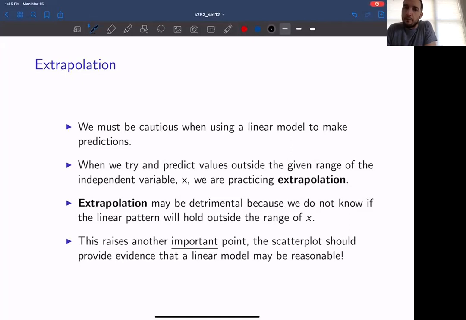So the student that slept the least only slept an hour and a half. The student that slept the most slept 10 and a half hours. So we have only observed the linear relationship between 1.5 hours and 10.5 hours. We don't actually know if the relationship is still linear outside of that range.